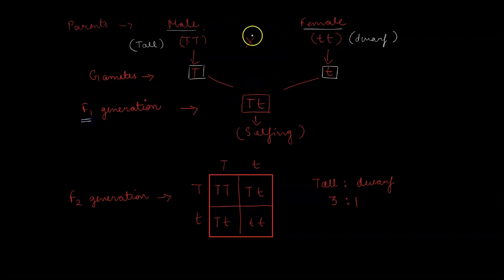Now the F1 generation will consist of all tall plants, because here we can see a condition of dissimilar pair of factors. The member capital T is dominant over the member small t.